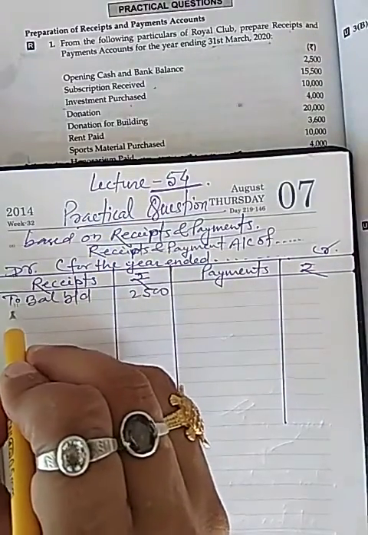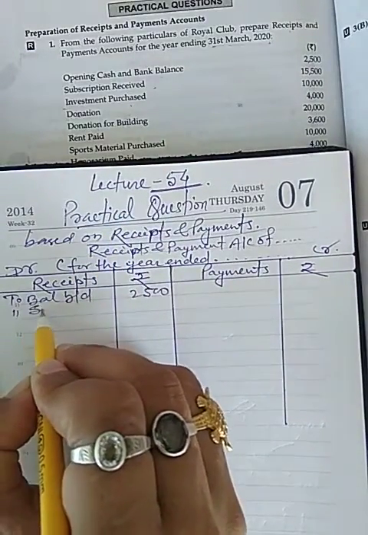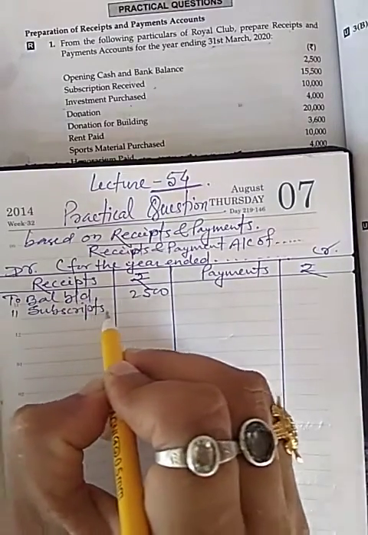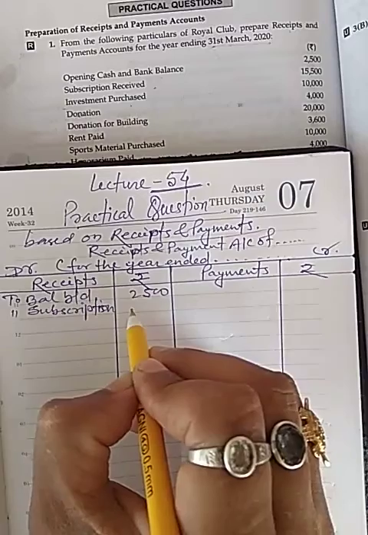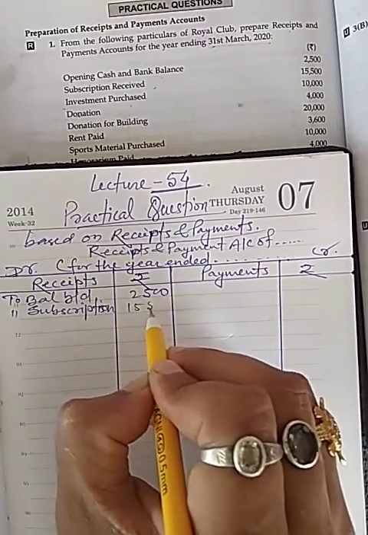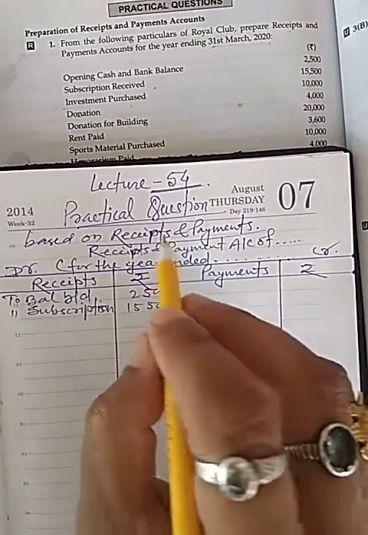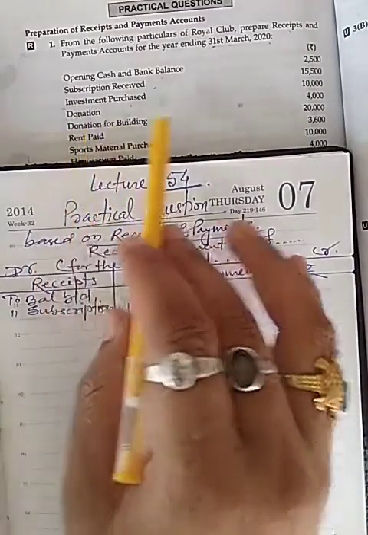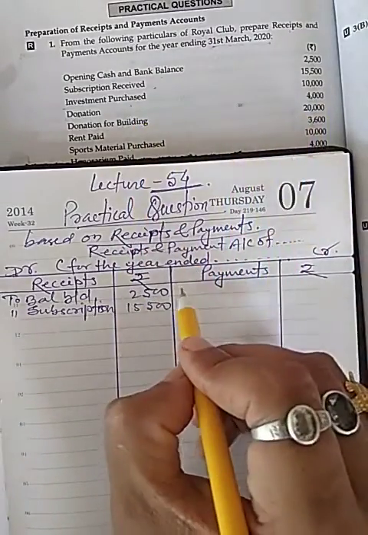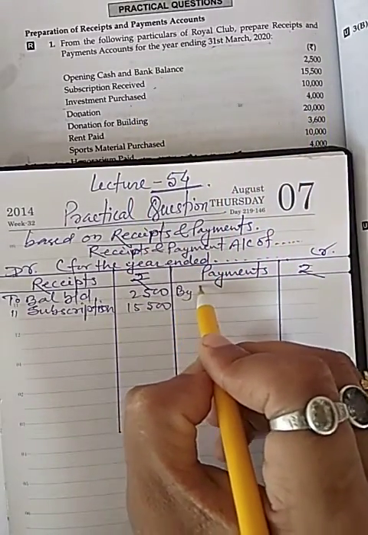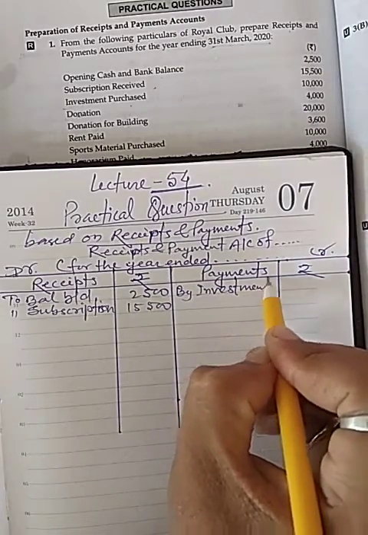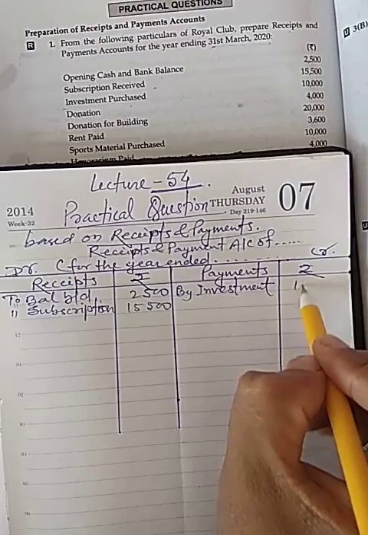So subscription will be 15,500. Now next point is investment purchase. It will be payment. So I will write by investment 10,000 rupees.